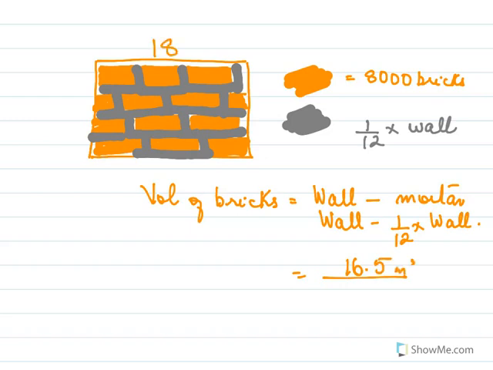The whole wall was 18, but the bricks was only 16.5 meter cube. Then to find the number of bricks, we found the total volume of the bricks, because we are finding the number of bricks, divided by the volume of one brick.